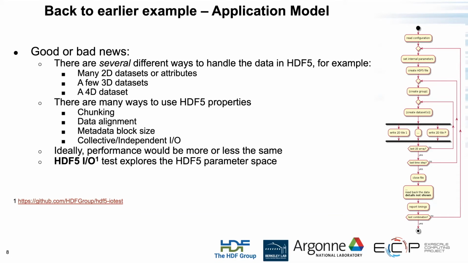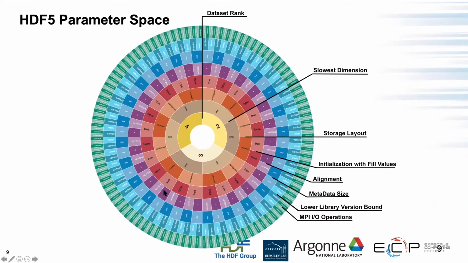So we wrote a test, Gerd did, to explore some of the HDF5 parameter space. I provided a link here. It's on GitHub. You can download it and test it out yourself. It's called HDF5-IO test. Basically, it's a way to explore the parameter space of HDF5. So for example, in the inner ring you can explore the 2D, 3D, or 4D dataset rank of those arrays.